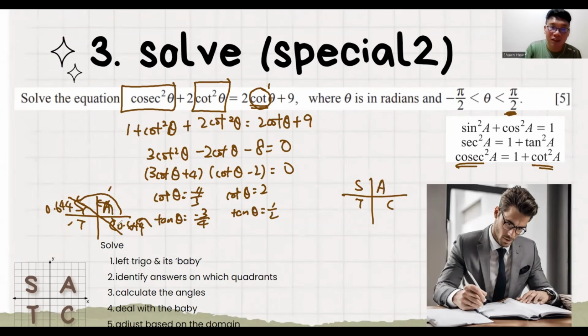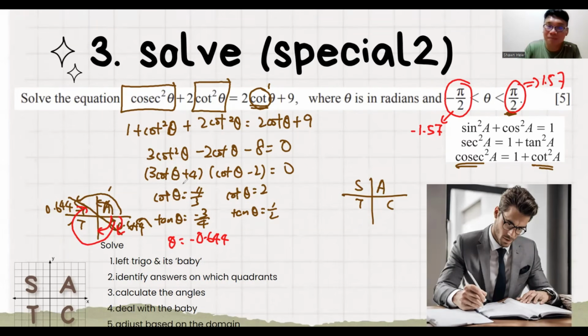Then for the negative part, we found that negative 0.644 fulfills the criteria. If this is the calculator paper, you can check pi over 2 is actually 1.57, so negative 0.644 is just nice, okay? And here is already negative 1.57, so we do not need to turn further than that.